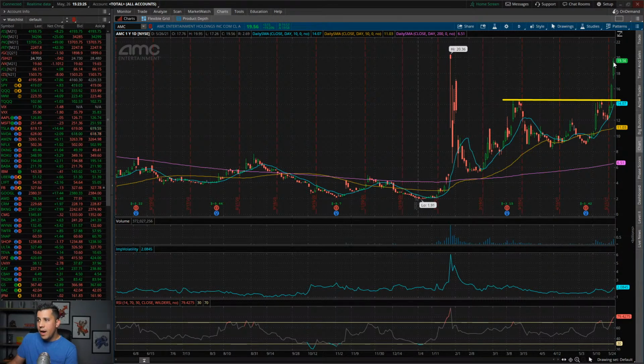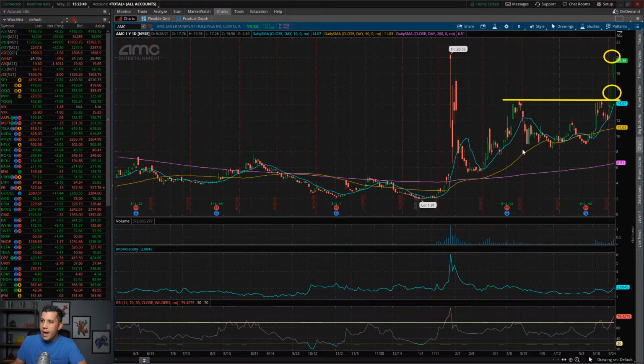But you never really know, and that's the thing. The probability has to be on your side. Would you rather enter the trade right here to go long, or would you rather enter it here? What would you rather do?